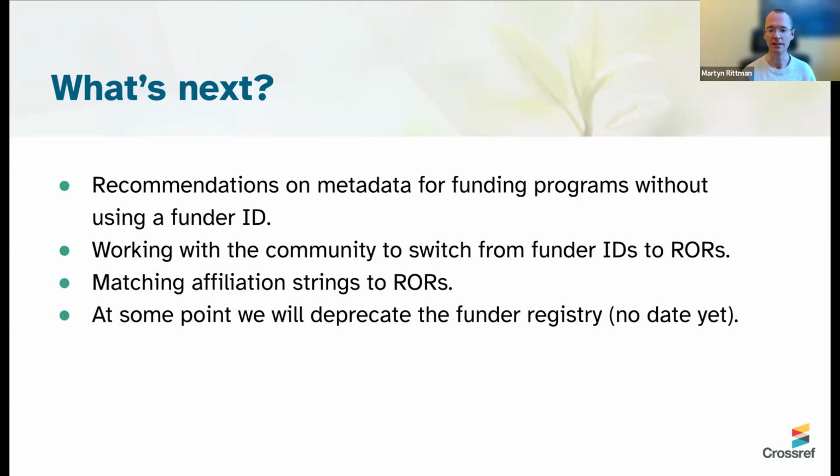Another part of this work is about matching. Very often, particularly with author affiliations, we have just a string of the author affiliation, and we can match those to ROR IDs. And Adam, and one of my colleagues, Dominika, have been involved in prototyping some work and doing some research about that.